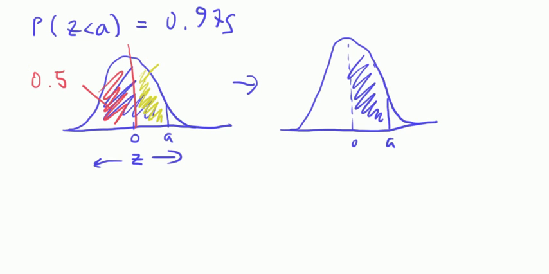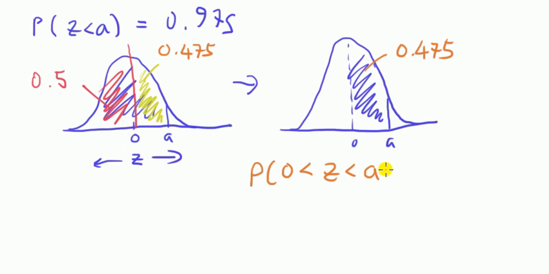And that gives me 0.475. In other words, we have to look up 0.475. This problem may therefore be expressed as giving me the same a as if we solve this problem: the probability that z is between 0 and a is equal to 0.475, equivalent in terms of looking for a. So let's turn to the table.